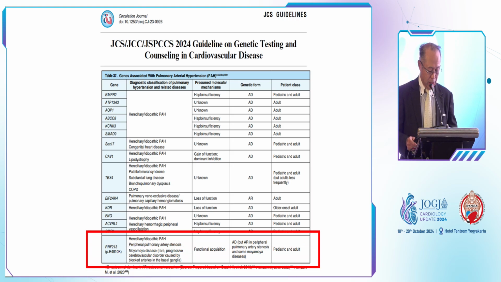The RNF213 gene, this is known as so-called moyamoya disease, an abnormality of the brain arteries. And this gene would cause pulmonary arterial hypertension. And this abnormality is very restricted to East Asia or Southeast Asia. So this gene also should be checked.